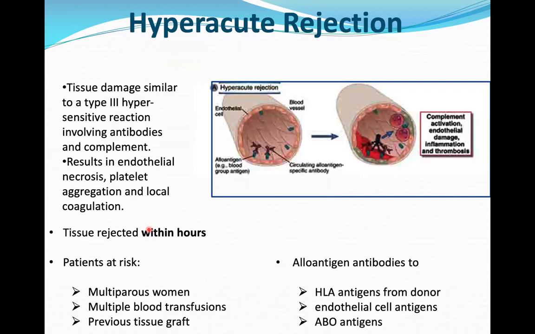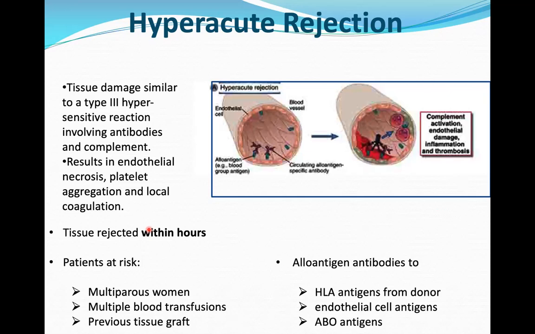Because these people have been exposed to foreign antigens, as in the case of multiple blood transfusions, someone who's received a previous transplantation procedure, or a mother who's had multiple births, because with every birth you are getting new paternal antigens which are being presented to the pregnant mother, these recipients are developing antibodies against these foreign antigens.